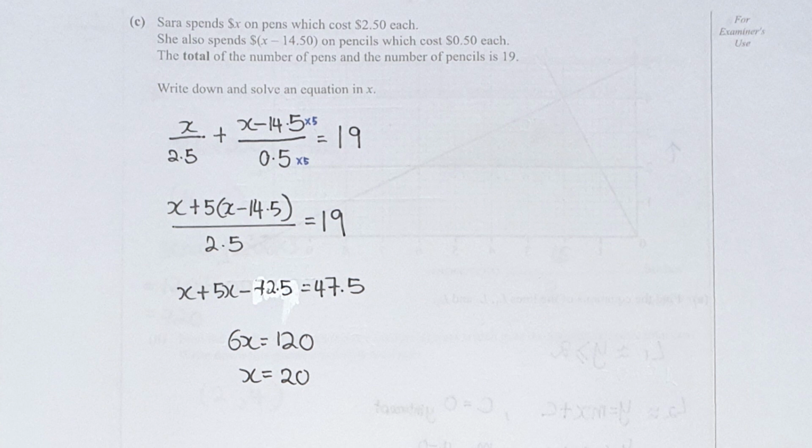To change their denominators to the same, I multiply by 5 the one with a denominator of 0.5. Repeat the same for the numerator and denominator. You will get x plus 5 bracket x minus 14.5 over 2.5 equals 19. So your final calculation will give you x as 20.